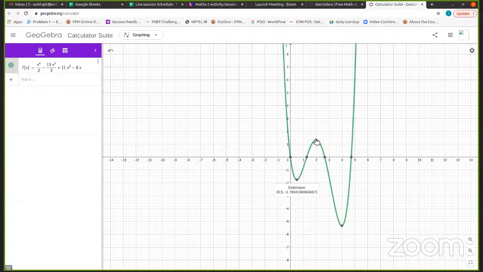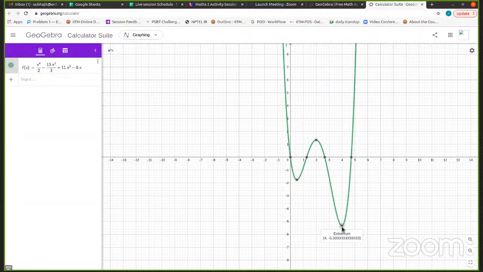Then again there is a turning point at x equal to 2, and this is a maxima, where the slope changes from positive to negative. And again we have a turning point at x equal to 4, so it will again be a minima.